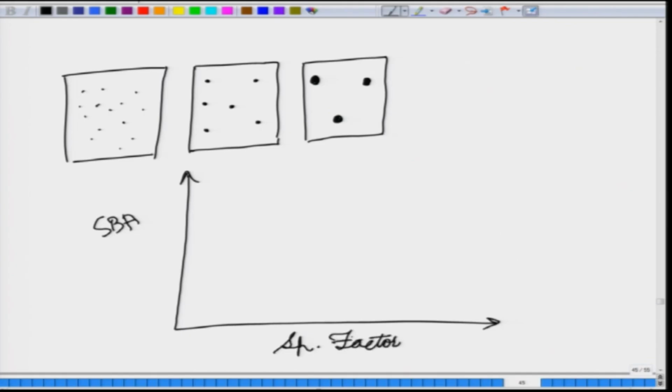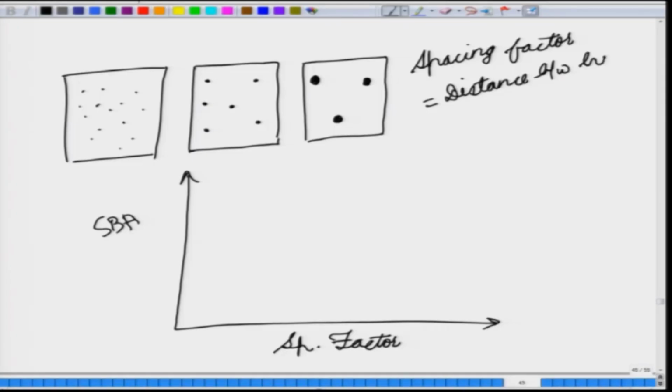Now, you define a spacing factor as distance divided by the DBH of these trees. In the case of the first plot, with trees A, B and C, you will find out this distance, this distance, this distance and so on.